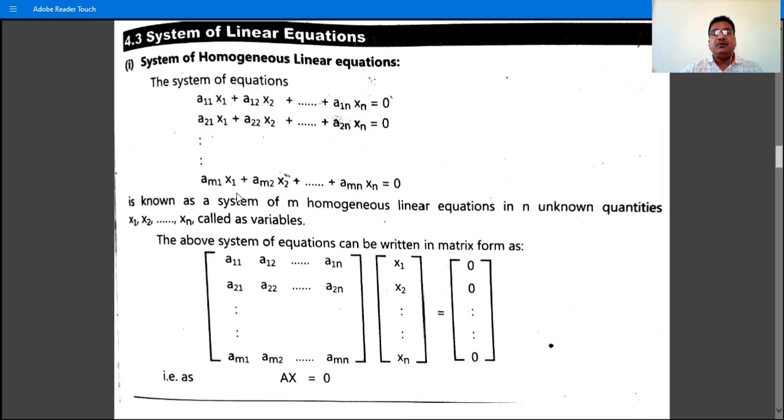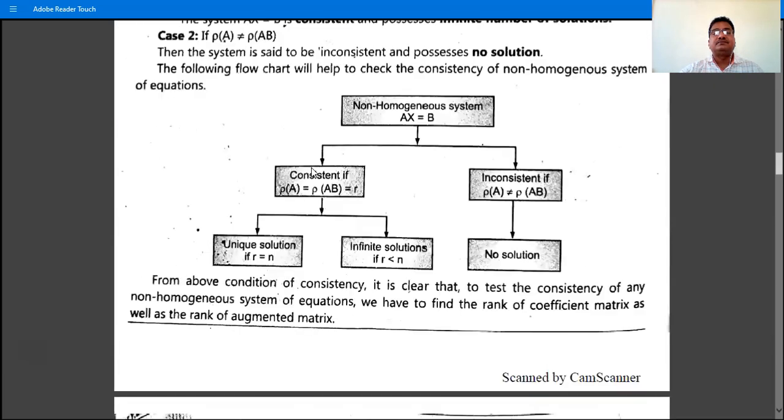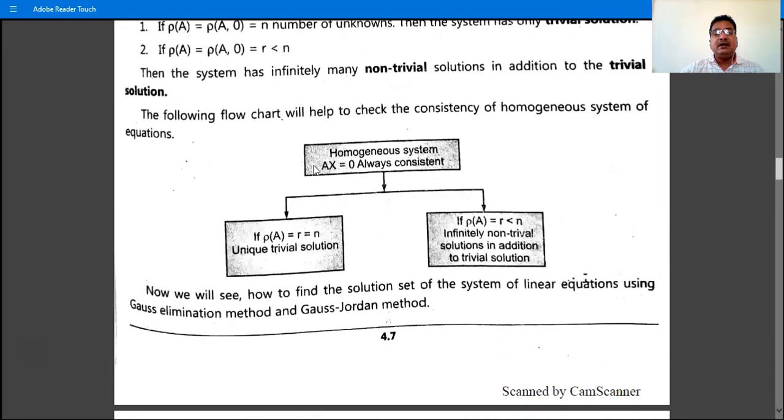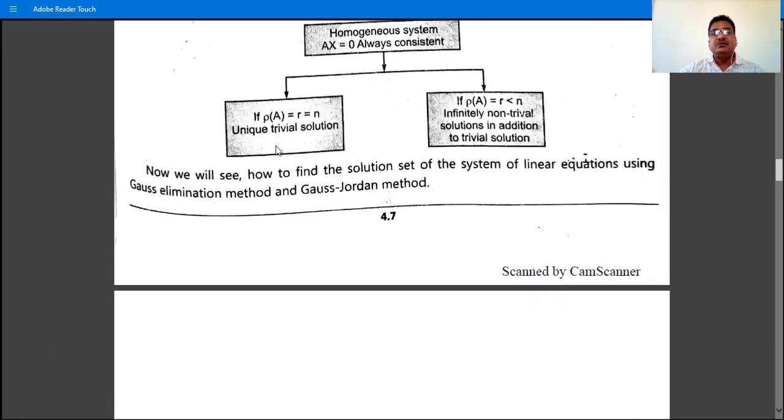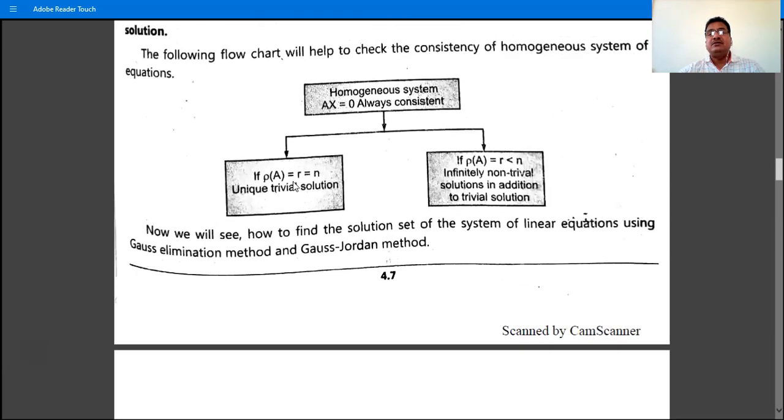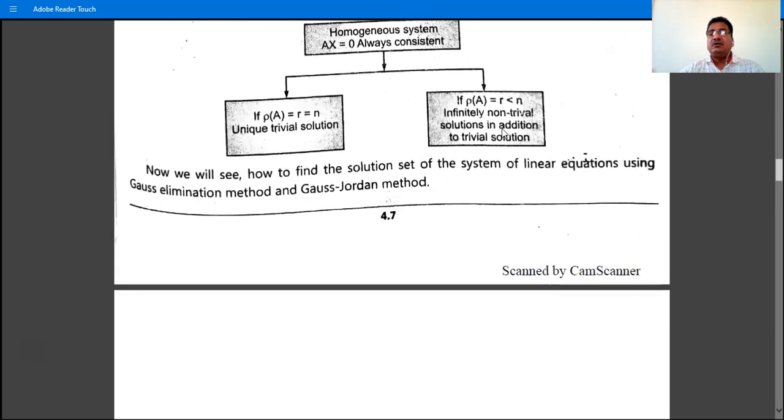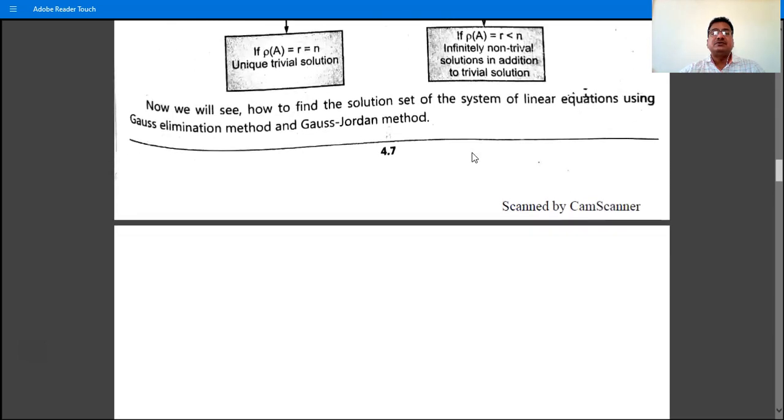So all the equations are satisfied, and therefore x1 = 0, x2 = 0, ..., xn = 0 is always a solution of every homogeneous system, and it is called the trivial solution. Other than the trivial solution, the other solutions are called non-trivial solutions. Obviously, the values of x1, x2, ..., xn are not all equal to 0 in a non-trivial solution.